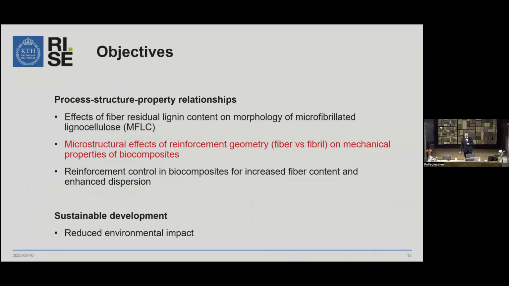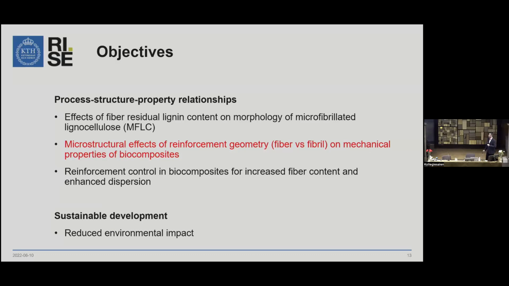And the objectives of this work. So process structure property relationship was the main objective, particularly the effect of fiber residual lignin content on the fibrillation process and the morphology of the resultant microfibrillated lignocellulose.